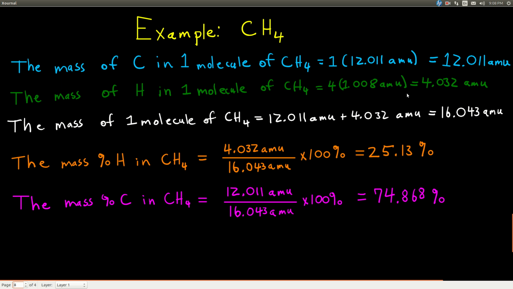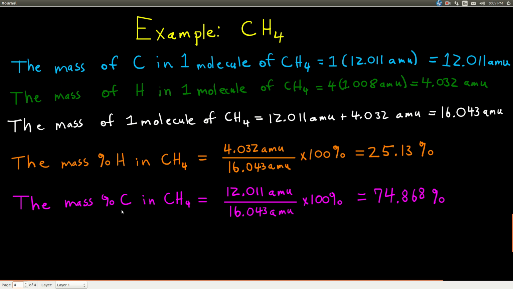Now remember, the mass percent composition of an element is just the mass of that element in the compound divided by the total mass of that compound. Well, the mass percent of hydrogen then in methane would be the total mass of hydrogen, which is 4.032 AMUs, divided by the total mass of methane, 16.043 AMUs, times 100%, which gives us 25.13%.